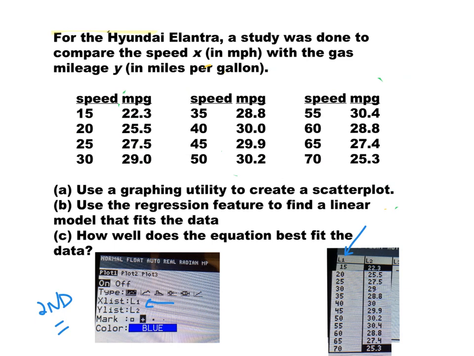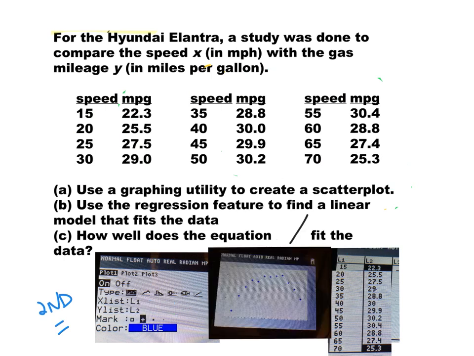And make sure your miles per gallon, your y list, corresponds to list 2. As far as mark goes, you can control what you want your points to look like. They're simply for aesthetics. So after you have the data entered into your calculator, create a scatter plot and take a picture of the scatter plot and include that with this assignment.